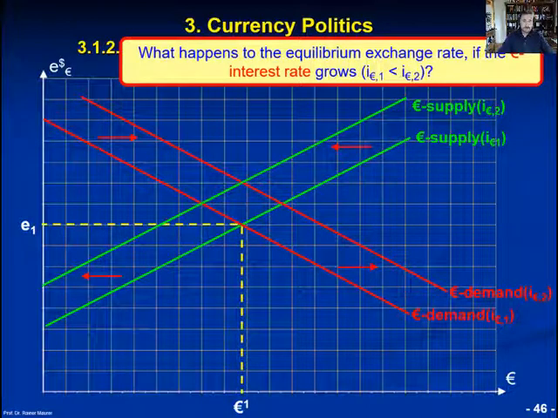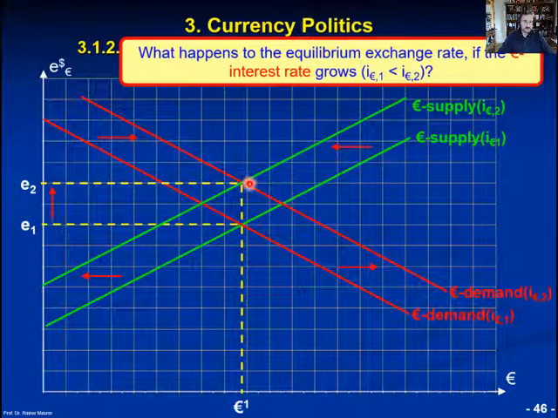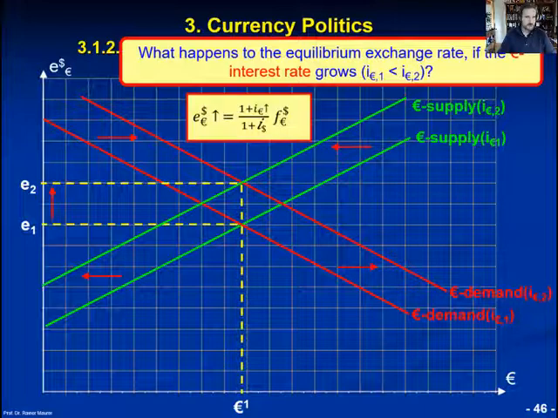As a result, the euro appreciates against the dollar, as the new intersection point here shows. So this graphical analysis comes basically to the same result as the interest parity equation which we have derived before, which also shows that an increase in the euro interest rate causes an appreciation of the spot exchange rate of the euro.